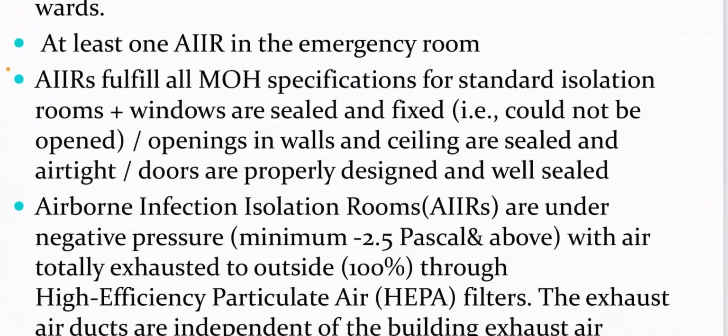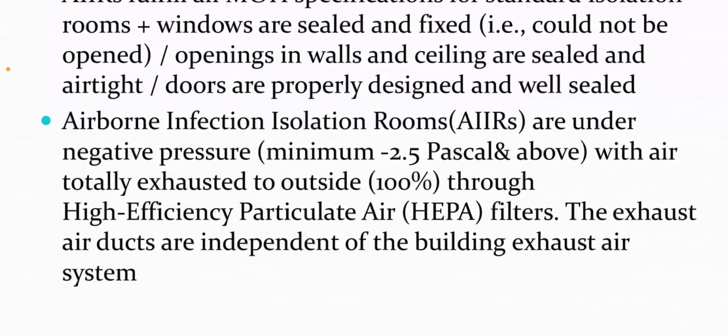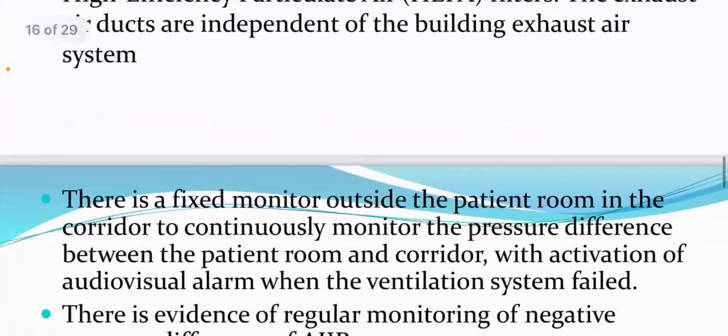Airborne infection isolation rooms are under negative pressure. Pressure should be minimum -2.5 pascals and above, with air totally exhausted to outside 100% through high efficiency particulate air, that means HEPA filters. The exhaust air ducts are independent of the building exhaust air system.